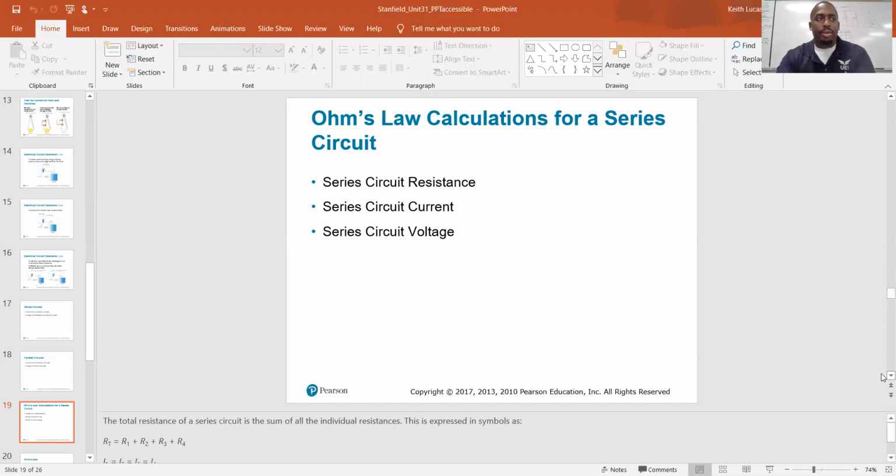So if you had a series circuit, like let's go back to the Christmas tree lights, and let's say we were getting 3 ohms on one light, 3 ohms on another light, and 2 ohms on another light, the total resistance of that circuit will be 8 ohms. It's just simply adding up all the ohms. For a series circuit, it's a little different for a parallel circuit.